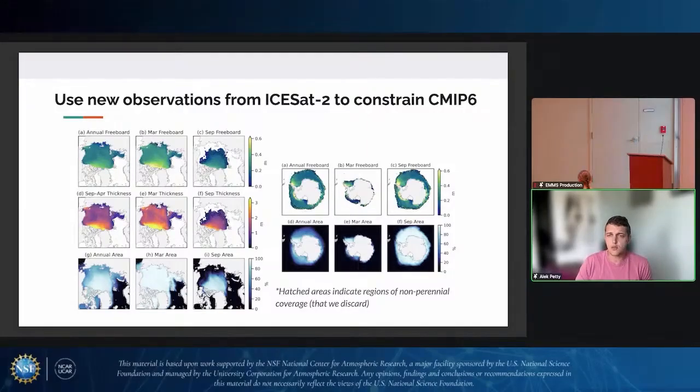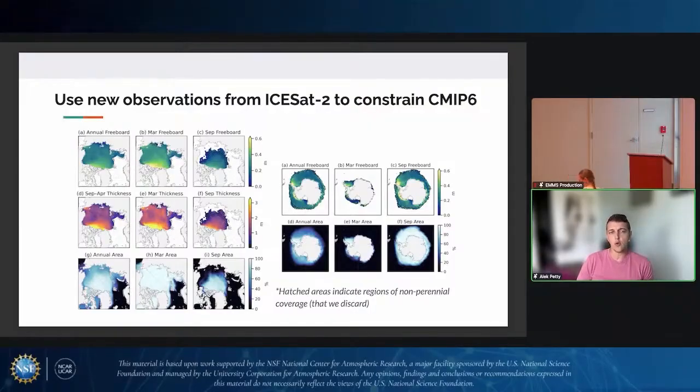Above the concentration, we start to see information we can obtain from ICESat-2. As Molly said, what we measure with ICESat-2 is freeboard, the extension of both sea ice and snow above sea level. Those freeboard results are for the Arctic on the left in green, and for the Southern Ocean on the right.